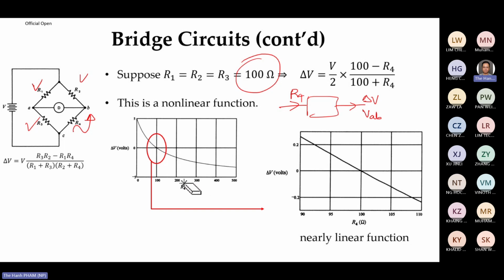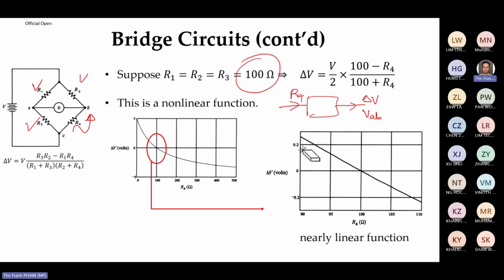When R4 is changing, your delta V is also changing. Now, the delta V or VAB should be 0 when R4 is also 100 ohm. If you look around this small region, this is similar to a straight line, right?